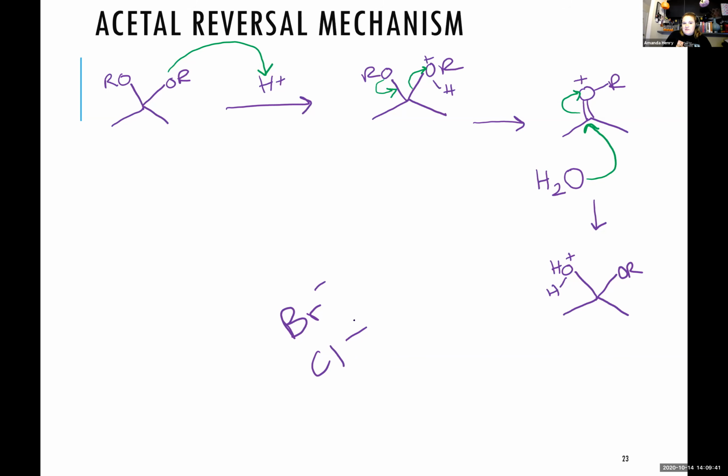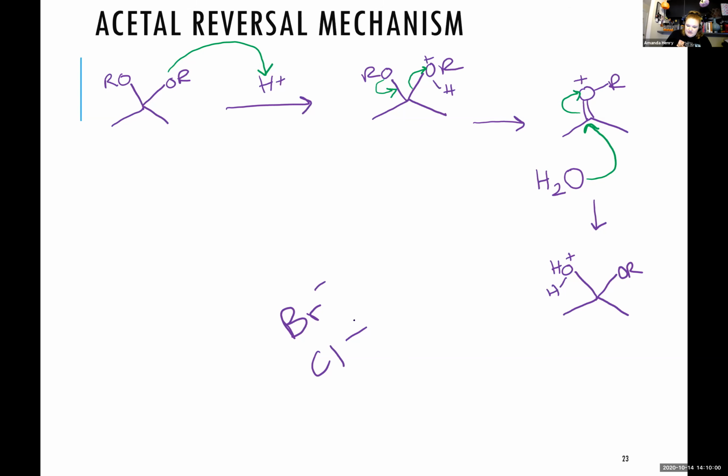Good leaving groups are weak bases. So this does go all the way back to when we talked about acid and base strengths. But really it means that it's an ion that is stable by itself.